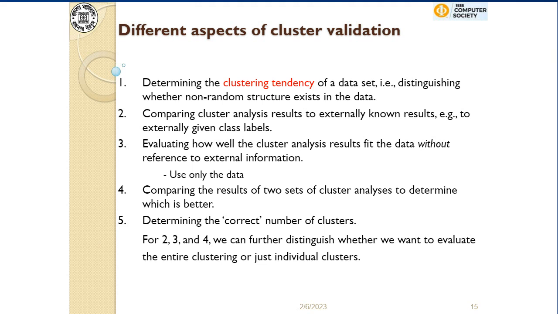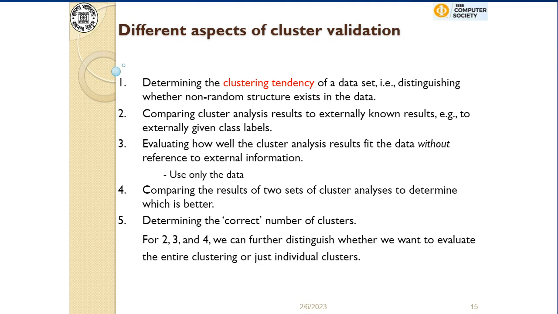Now just focus on this particular point, point number 5, determining the correct number of clusters. That is the objective behind this particular topic. If you can design an algorithm which can find out the correct number of clusters from the data itself, without requiring any number of classes to be provided beforehand, then your entire process becomes automated.